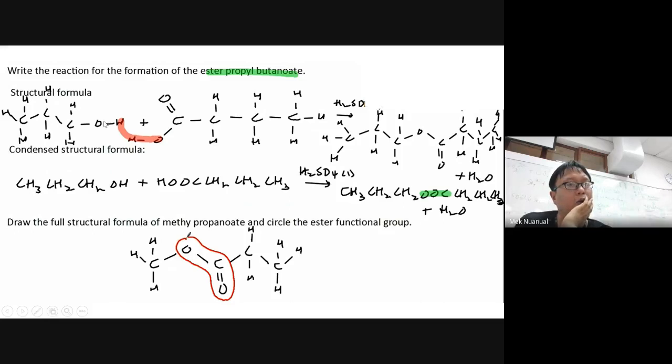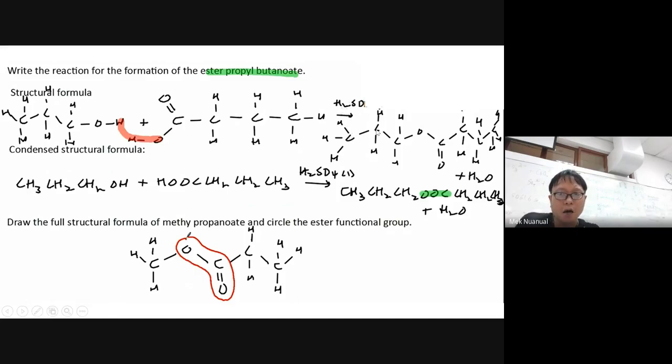Then this OH will react with the carboxylic acid, if I draw it with the double bond on the left side, so that the OH can react with the H from the alcohol. So the H and HO will become H2O that I write over here. Then you connect them like this. This is the alcohol part. I wrote H2SO4 over here. You have to write concentrated, by the way, concentrated H2SO4, but I'm just lazy.